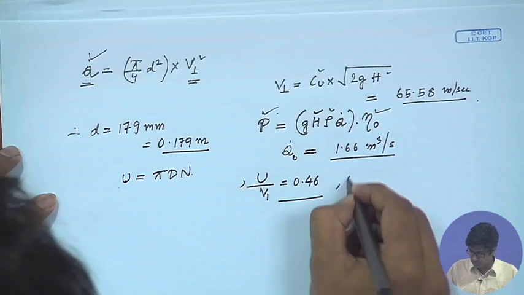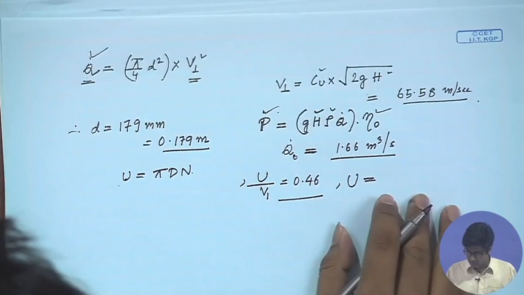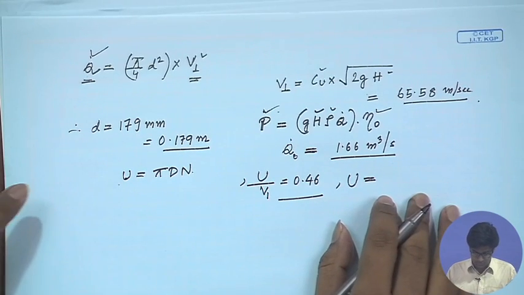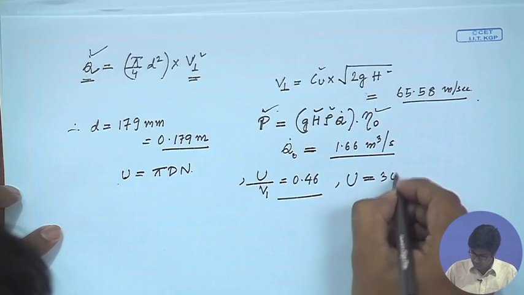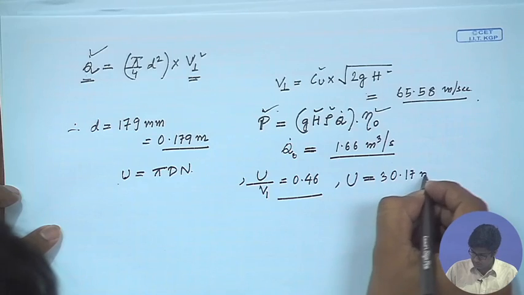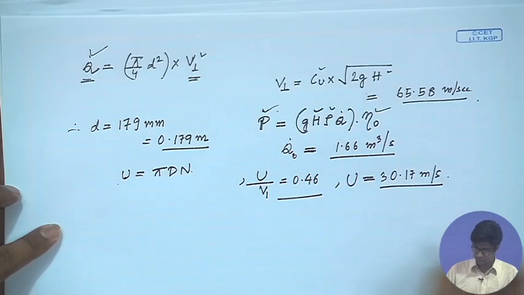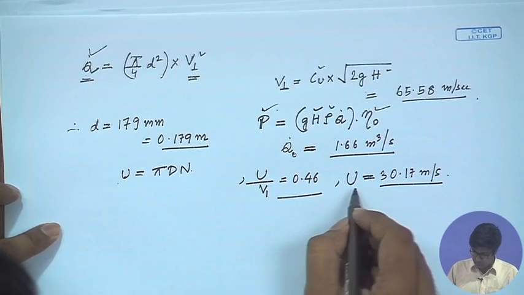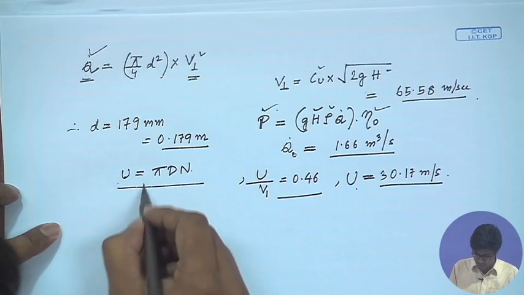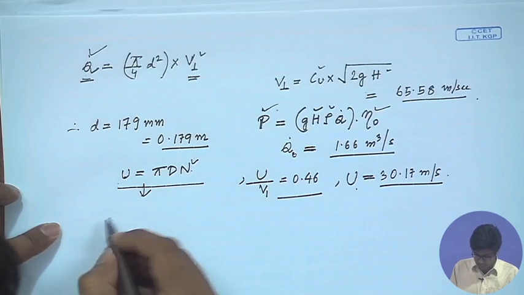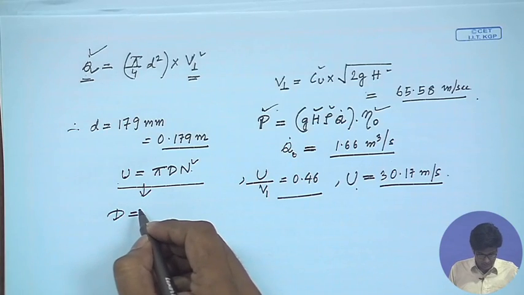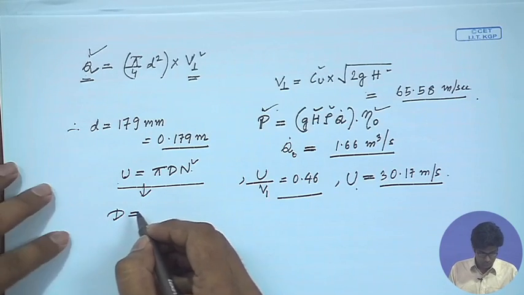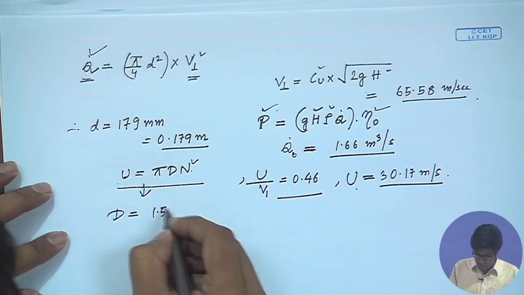So, from this we can find out the peripheral velocity of the blade as 30.17 meter per second. So, substituting this value of u in this expression, we know the value of n. So, we get the runner diameter as 1.54 meter.